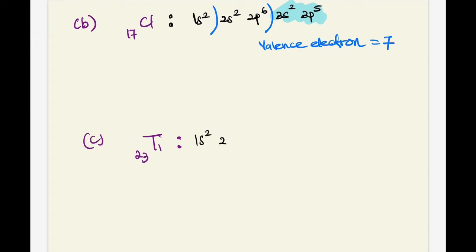Next, we have titanium. The electronic configuration is 1s2, 2s2, 2p6, 3s2, 3p6, 4s2 and 3d3.